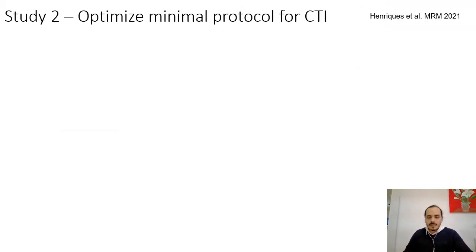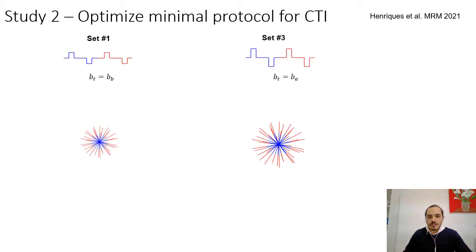In the following study, we then focused on trying to minimize the protocol for CTI, basically to translate it to in vivo acquisitions. What we found is that to reconstruct CTI, we need at least 4 sets of different diffusion MRI acquisitions. This includes 2 sets of parallel double diffusion encoding for 2 different b-value magnitudes.